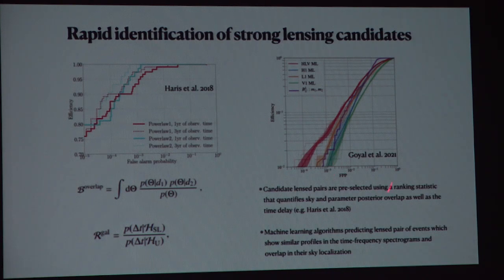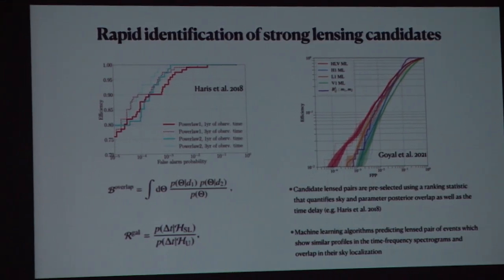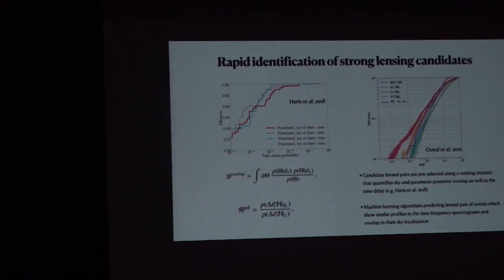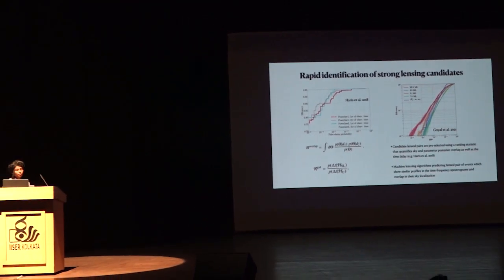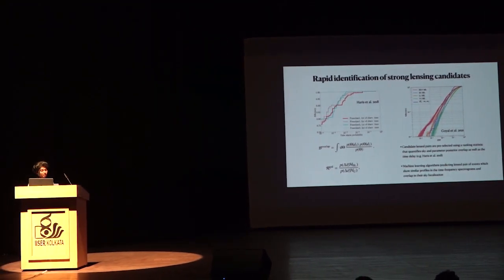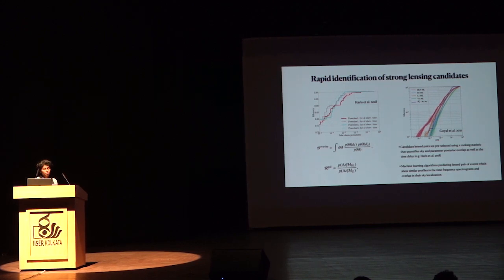And so in this work, they are again relying on the fact that true lensed events will have overlap in the sky, and they are making use of the time frequency spectrograms and looking for similarities in these maps for the lensed event pairs, and they're using this to distinguish unlensed event pairs from the lensed event pairs.